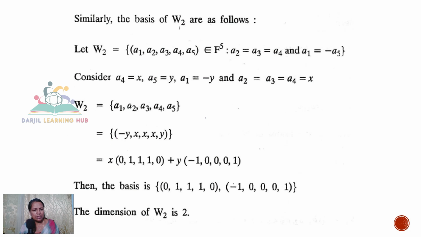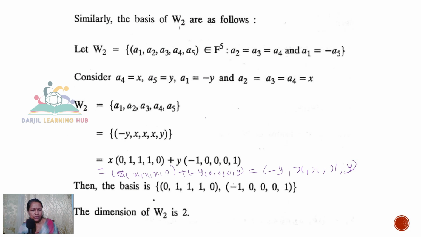Then this can be written by coordinate-wise addition as (0, x, x, x, 0) plus (minus y, 0, 0, 0, y). So coordinate-wise addition gives 0 minus y, which is minus y, x plus 0 is x, x plus 0 is x, x plus 0 is x, 0 plus y is y.